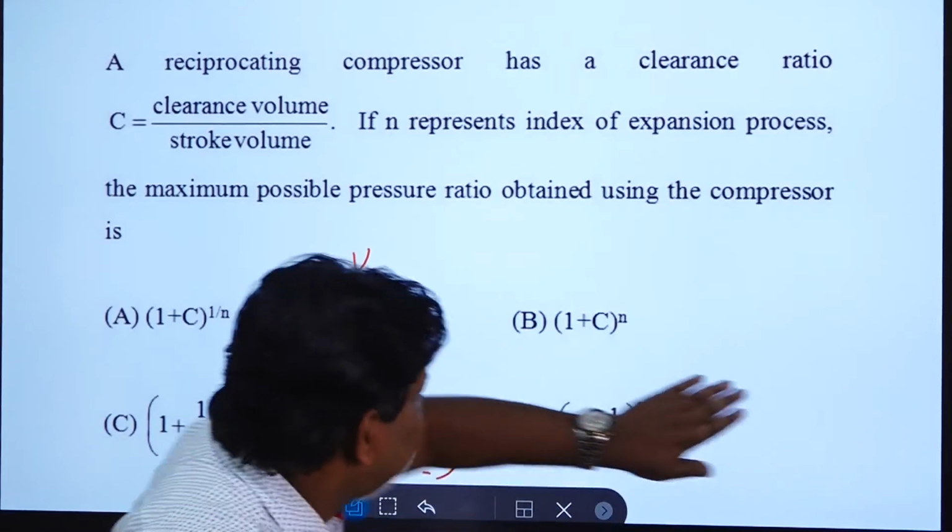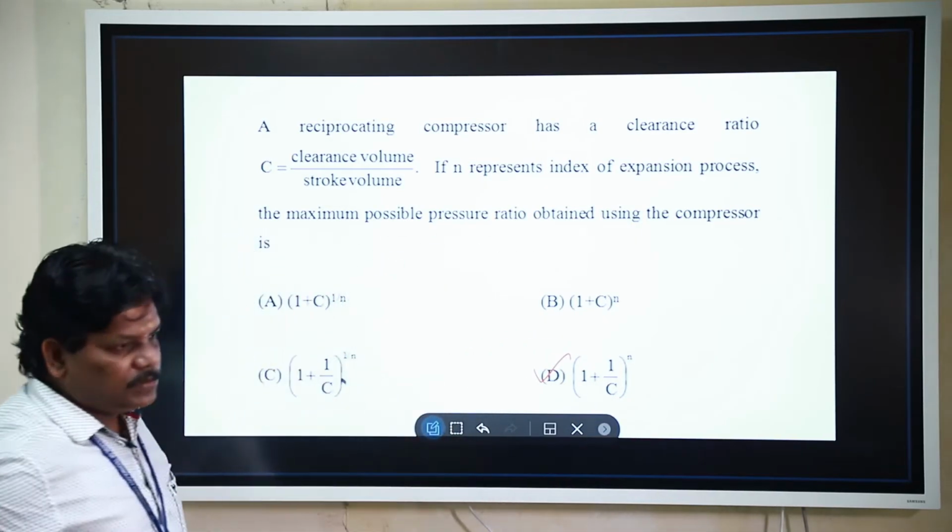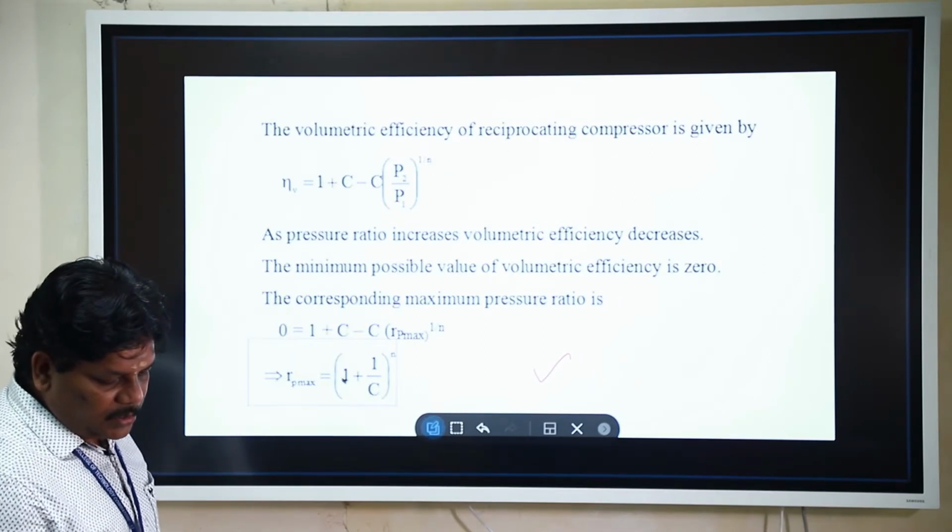So you get the answer, and the answer is D. This is the way you have to simplify it.